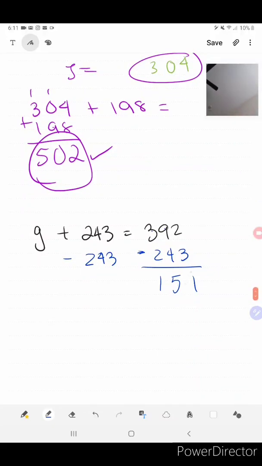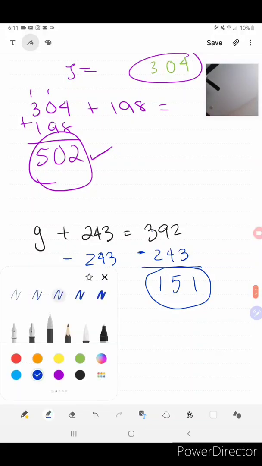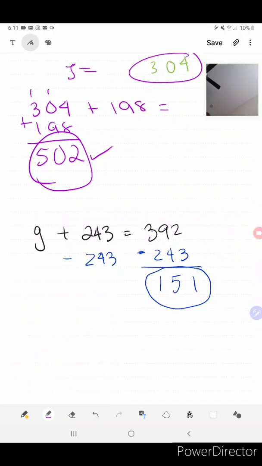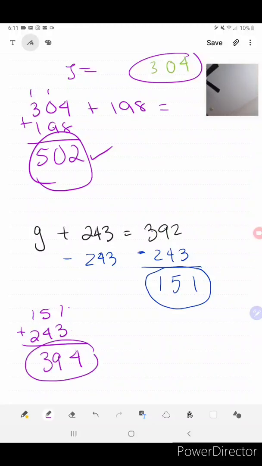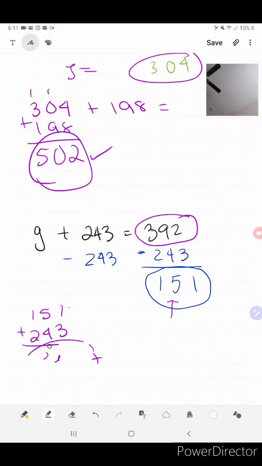If you were to take this number and add it to 243, it is not going to give you 392. So let's see, 151 plus 243. If we add it, 1 plus 3 is 4, 5 plus 4 is 9, 1 plus 2 is 3. I got 394. My answer is supposed to be 392. So even though I'm off by a little bit, by 2, that means this is wrong. That means the work that I did was wrong. So that's why you always want to check your answer.